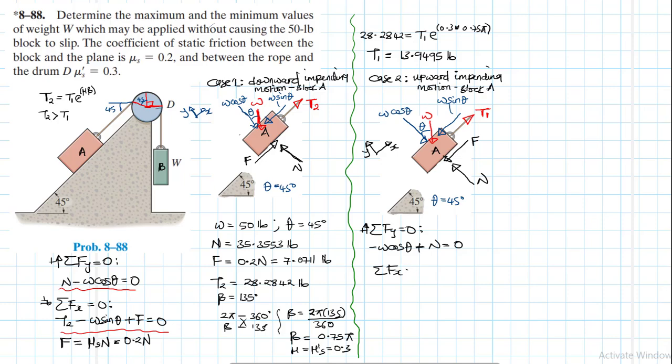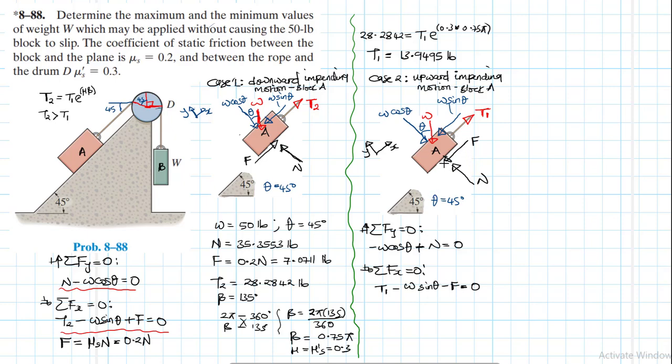Summation of forces in the x direction. What do we have? In the x direction, we have T1 minus W sine theta minus F equal to 0.